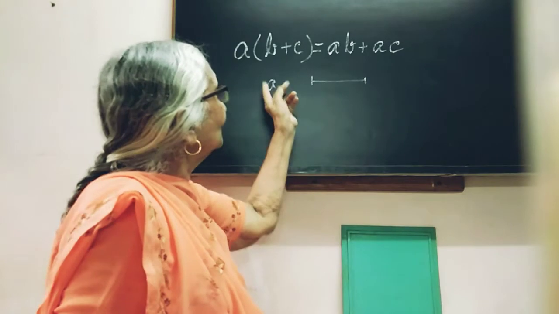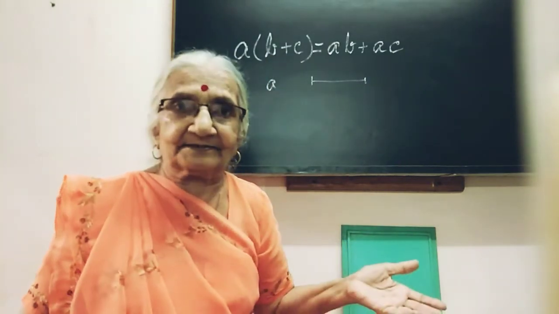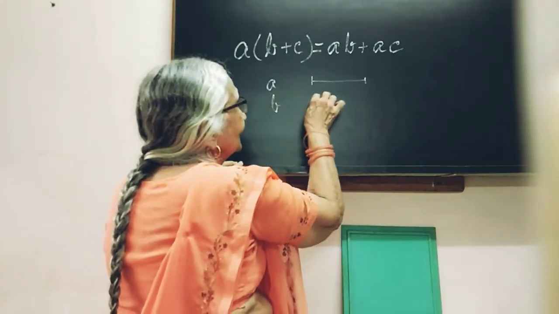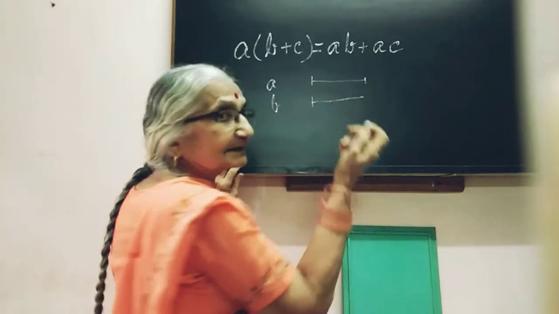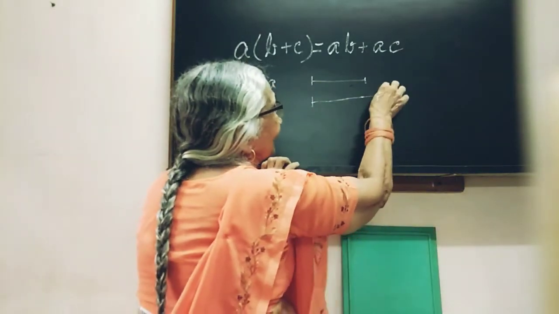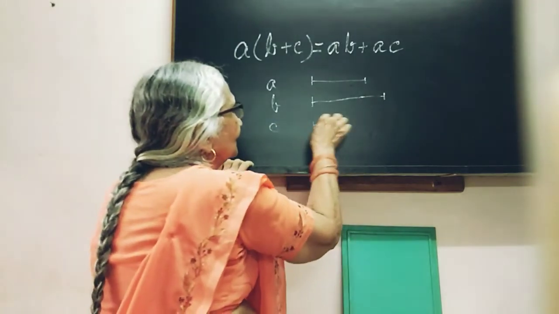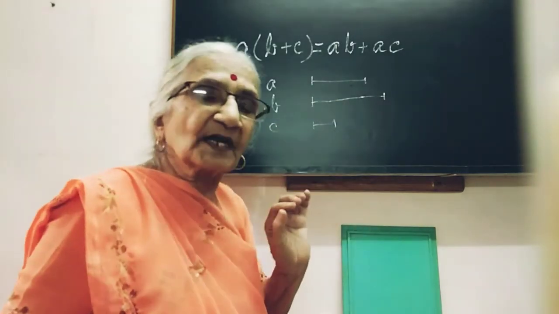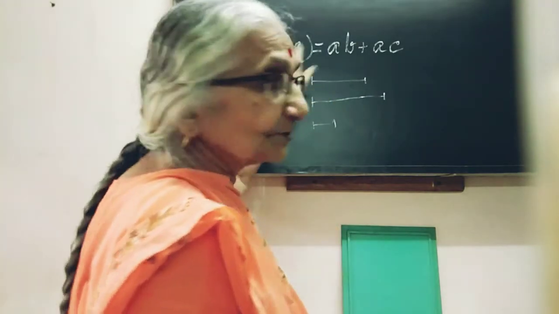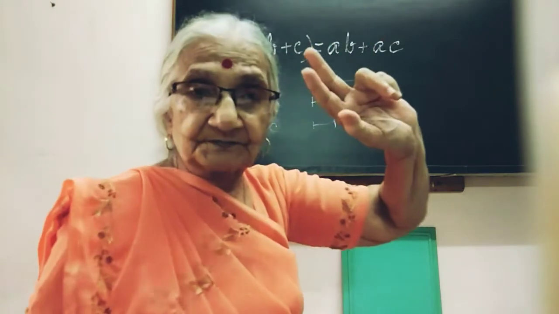Now if we have B, that's another number, another line segment. But I cannot say that it is the same length as A, because that represents number A. So I have to make it slightly bigger or smaller. Then similarly, C will be something else. The next question would be, we don't simply have numbers, we have their sums and their products.